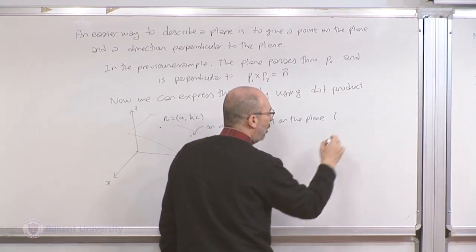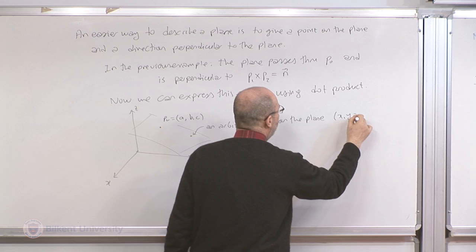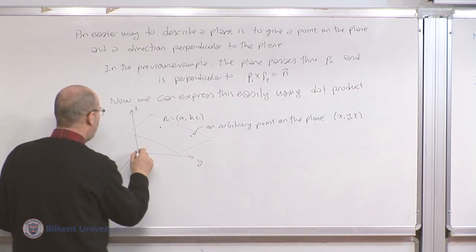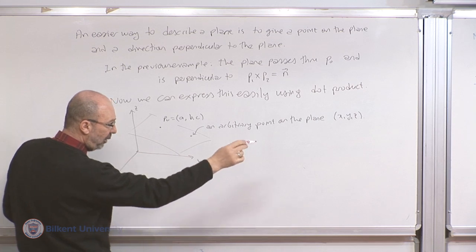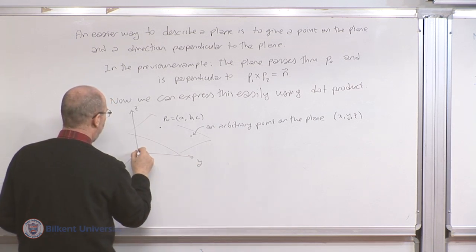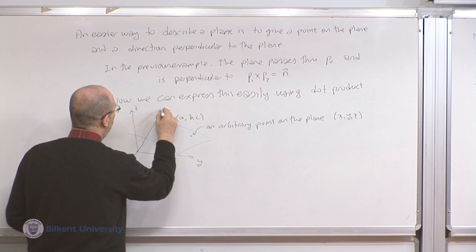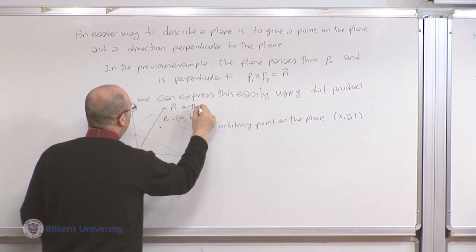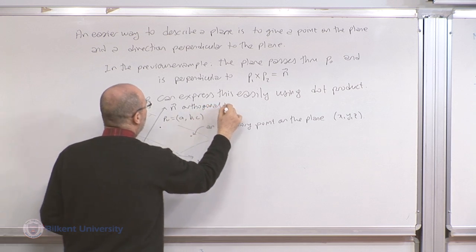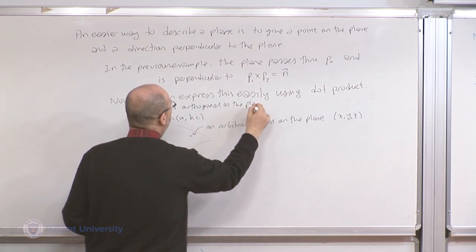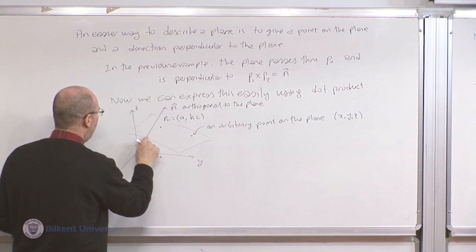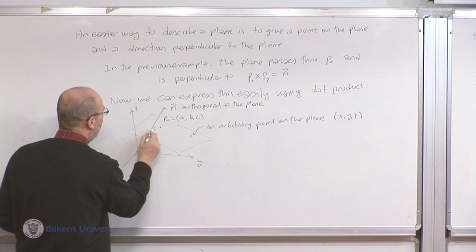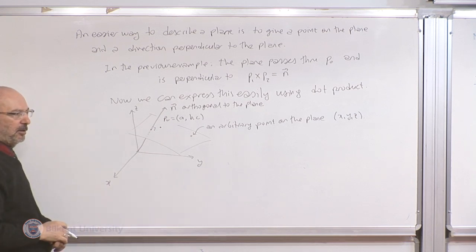We don't know its coordinates, so they are unknown, x, y, z. And we have a direction here, orthogonal to the plane. Maybe it is like this. It intersects the plane here, and it is perpendicular there.